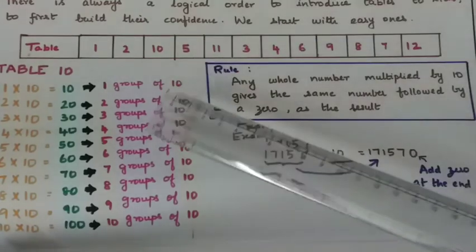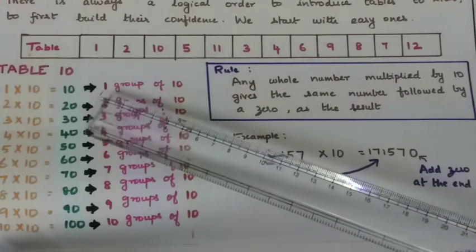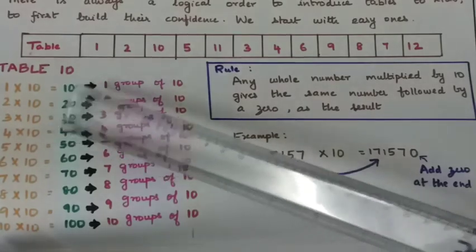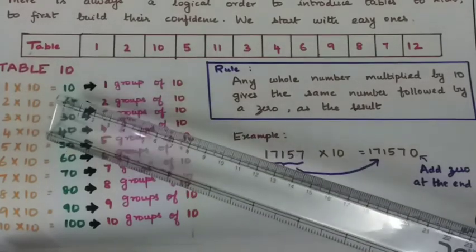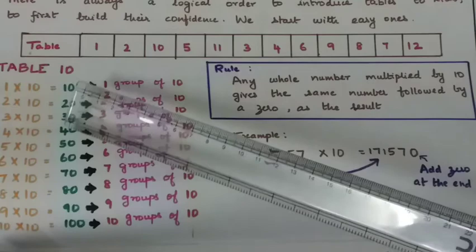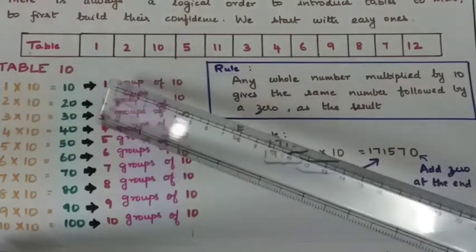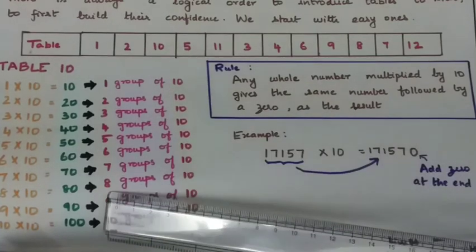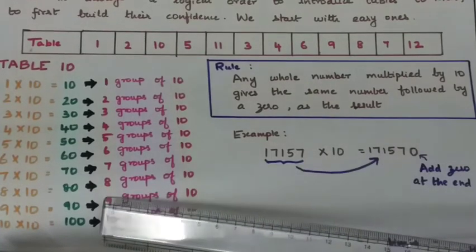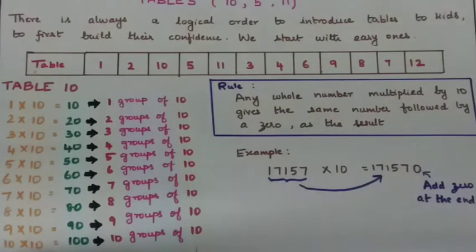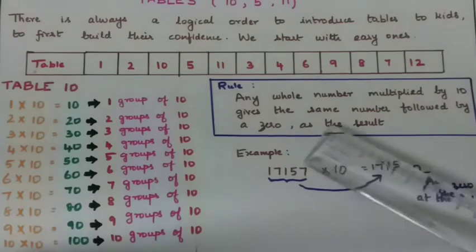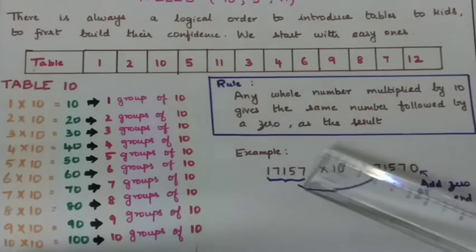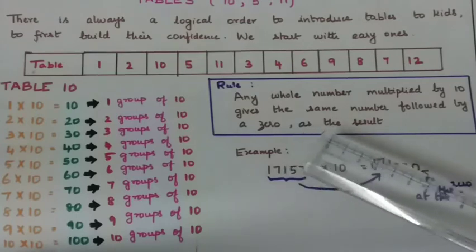So for example, let's take row 4 where 4 times 10 is 40. So 4 is being multiplied by 10, so the result is nothing but 4 followed by a 0. This rule not only applies to the first 10 rows of table 10 but also to any number. For example, let's take a big whole number, 17,157.